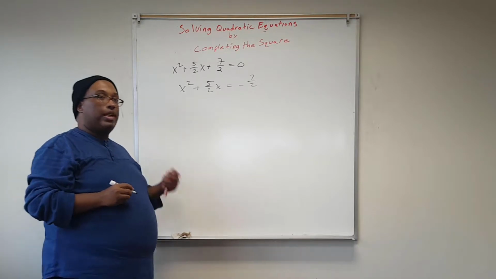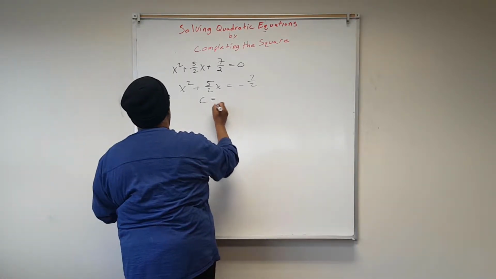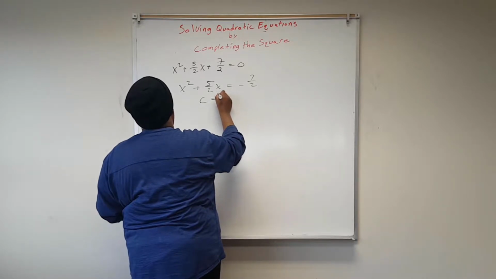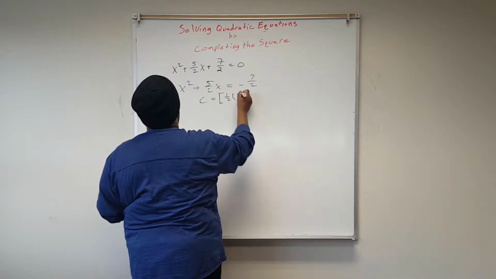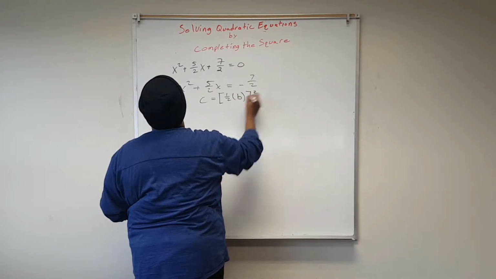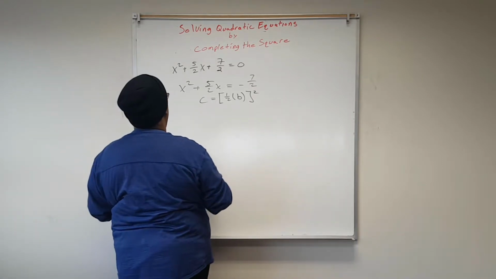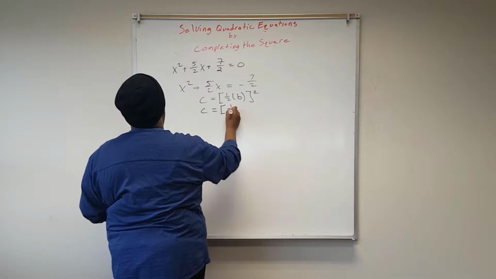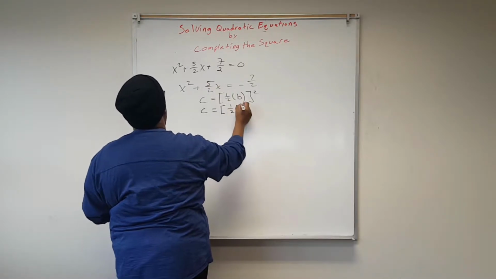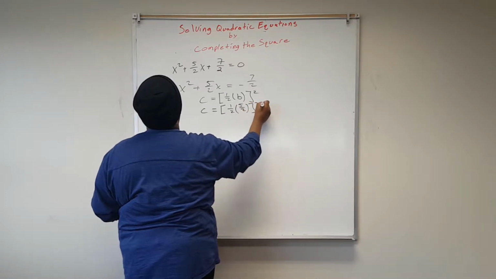Now, to complete the square, what we need to do is say c equals (1/2 b) squared. So now if I plug that in, c equals 1/2, b is 5/2, and then square it.